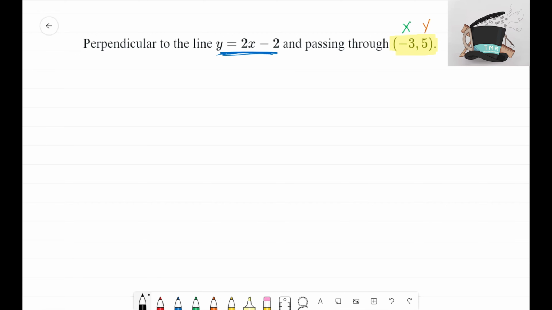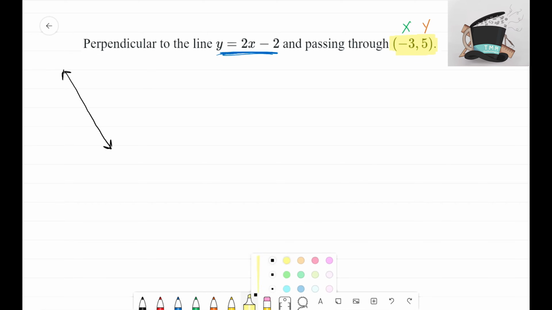Now you might be a bit confused, or maybe you don't fully understand what it means for a line to be perpendicular to another line. Let's say I'm given this line here, and I want a line that's perpendicular to it.